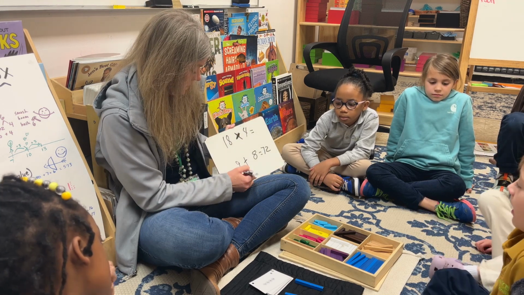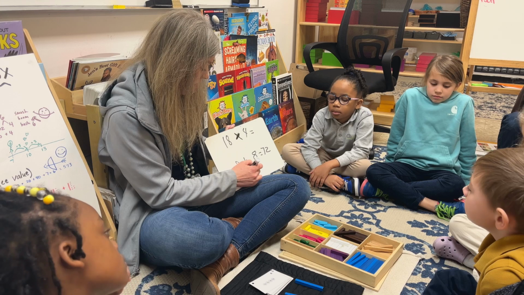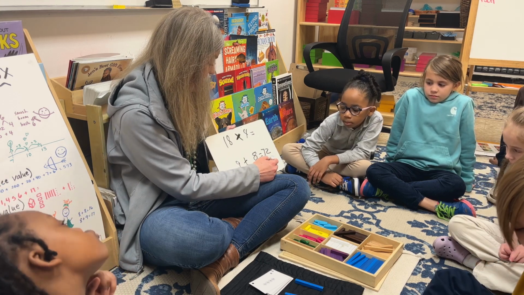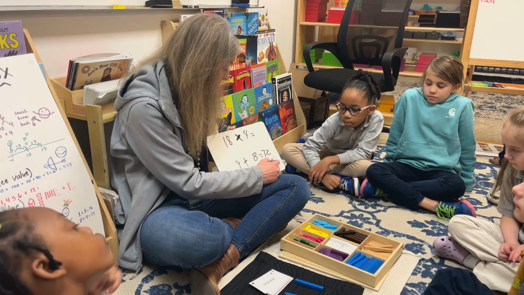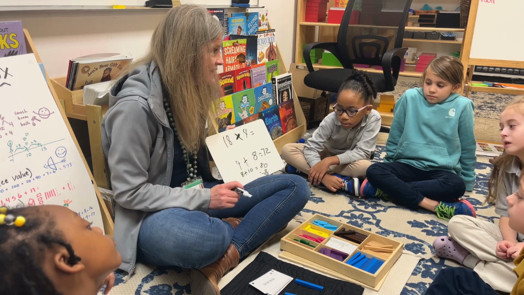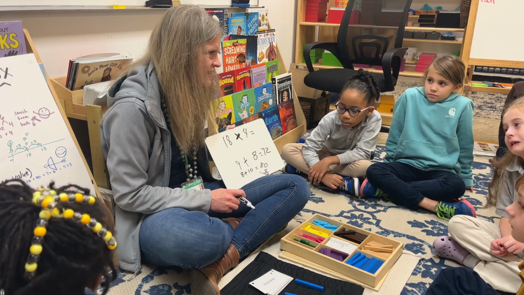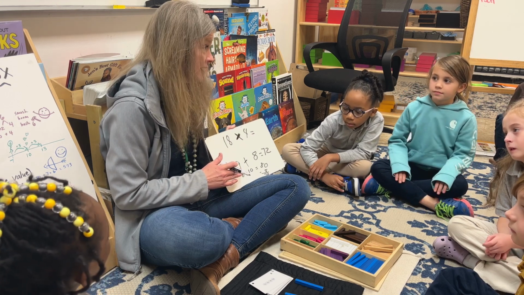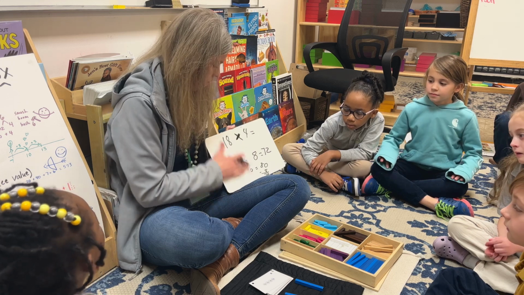Then she took away 8, which made 72. That's right, you were listening to her words. That's a really powerful way to figure it out. And I would not have done that when I was in 2nd grade, that's for sure. Okay, amazing.